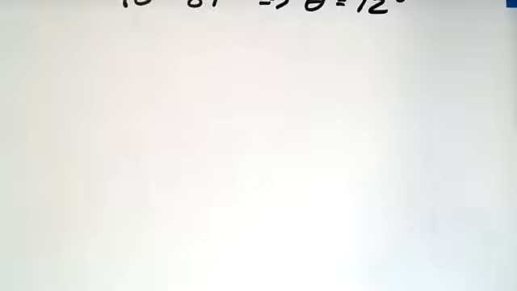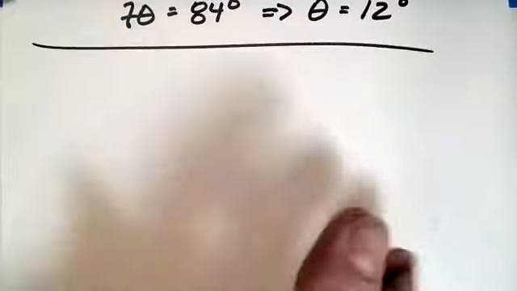One other thing, and since I've kind of got it here, and this seems like a good place to talk about it, I want to make a statement about the trig functions in quadrant 1.